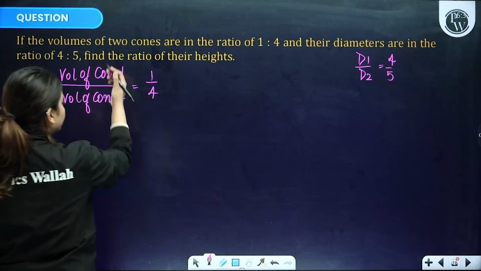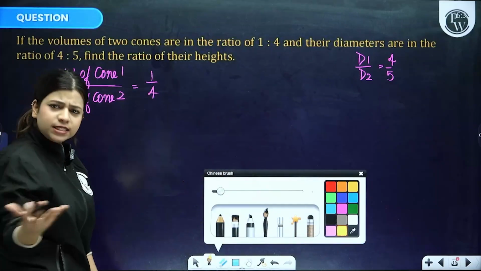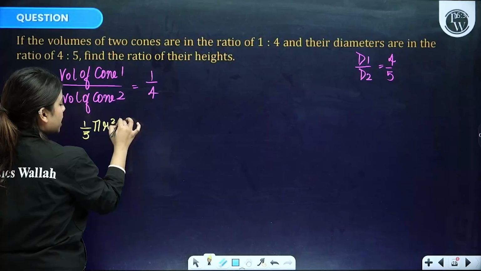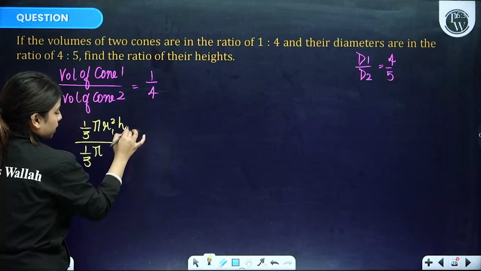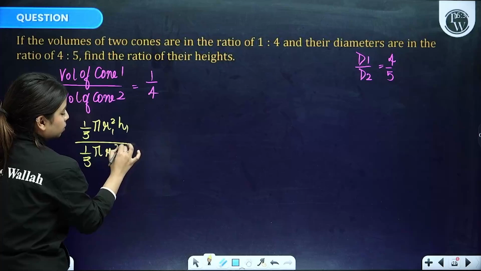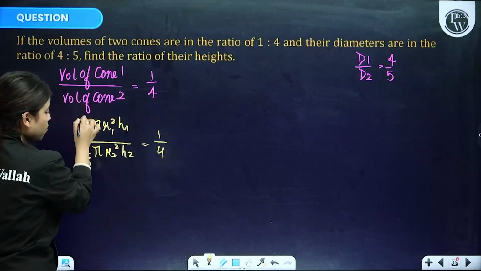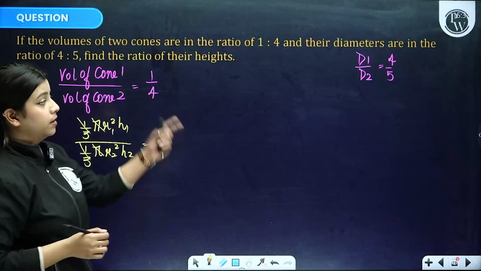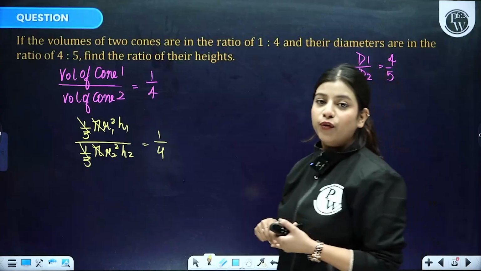So you know what is the volume of cone, people? How do you calculate the volume of cone? 1/3 pi r1 square h1 upon 1/3 pi r2 square h2 is given as 1/4. 1/3 is cancelled. Pi and pi is cancelled. As I have told you, the ratio of diameter is given to you as 4:5.